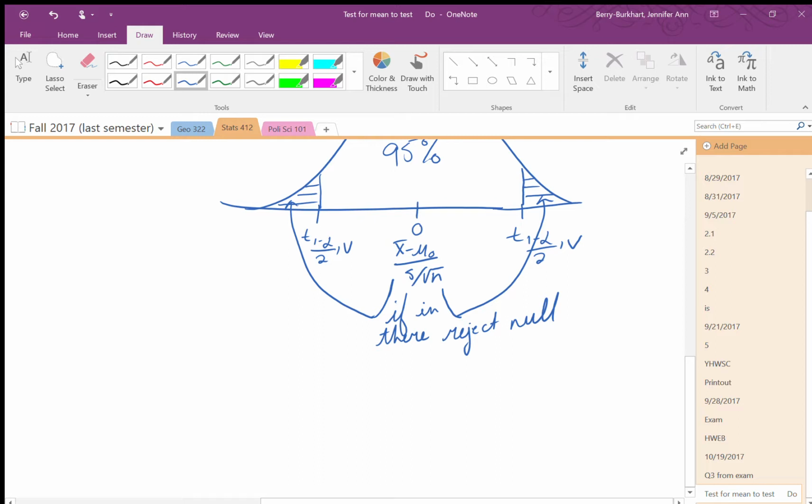So if it's in one of the tails, you reject the null hypothesis. That's right, and then I can write this out.